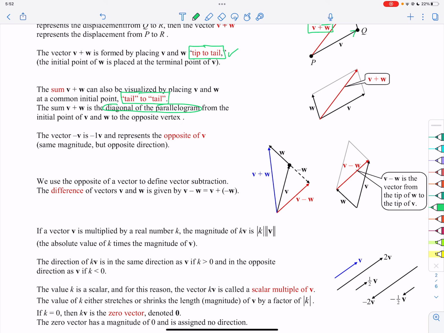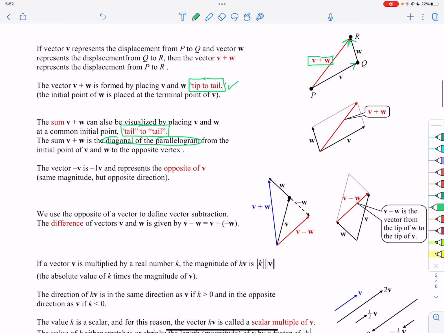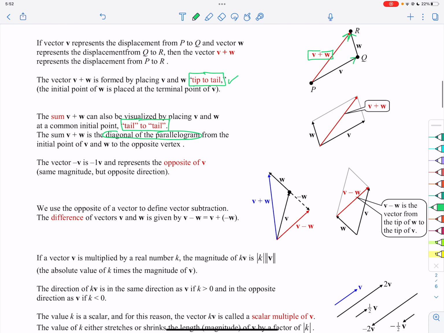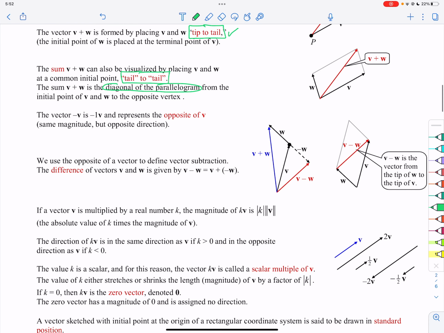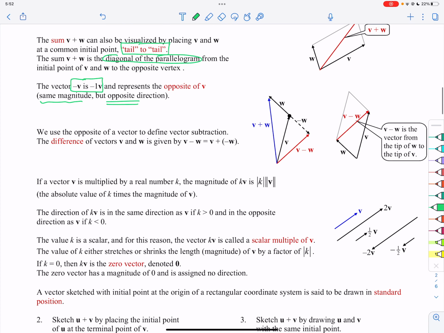Okay, so we can have both of those seen just like those diagrams, and the opposite of vector V is the same as -1 times V. Here we have the same magnitude but opposite direction.